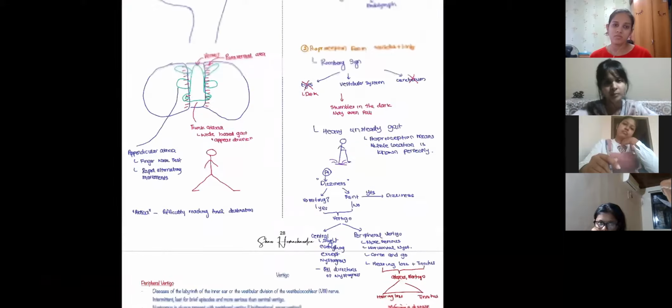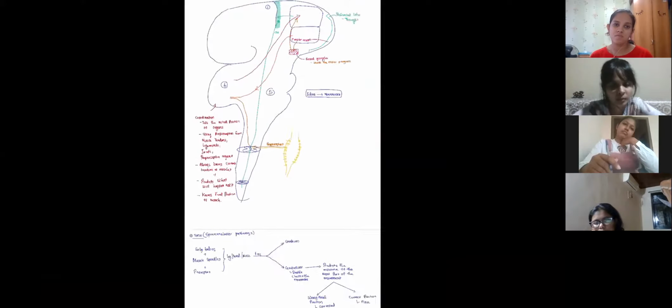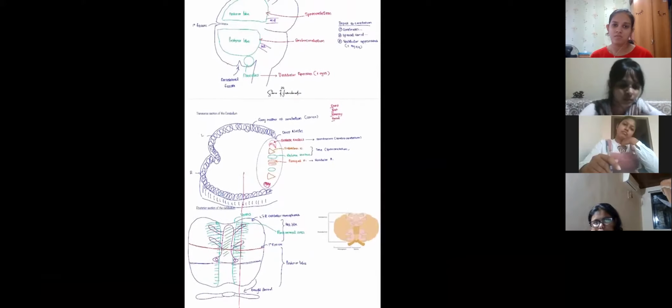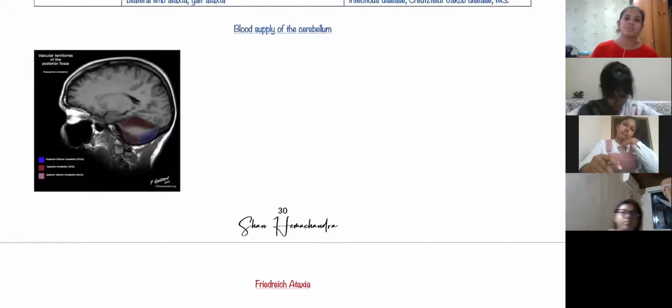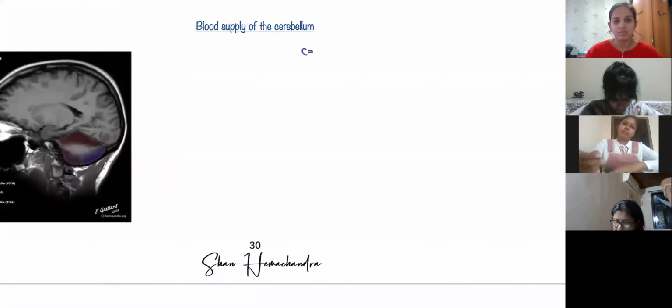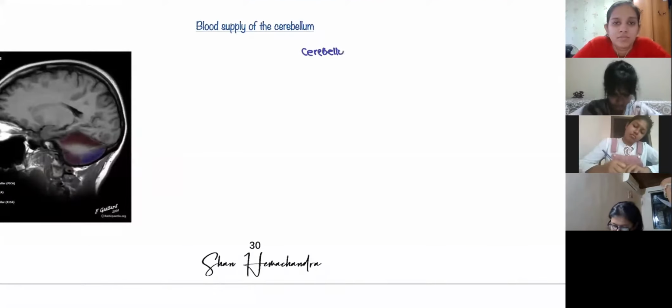Now I'm going to recap everything that we learned today. Okay, I'm just going to write it here. Cerebellum has 3 functions. The first function is coordination.